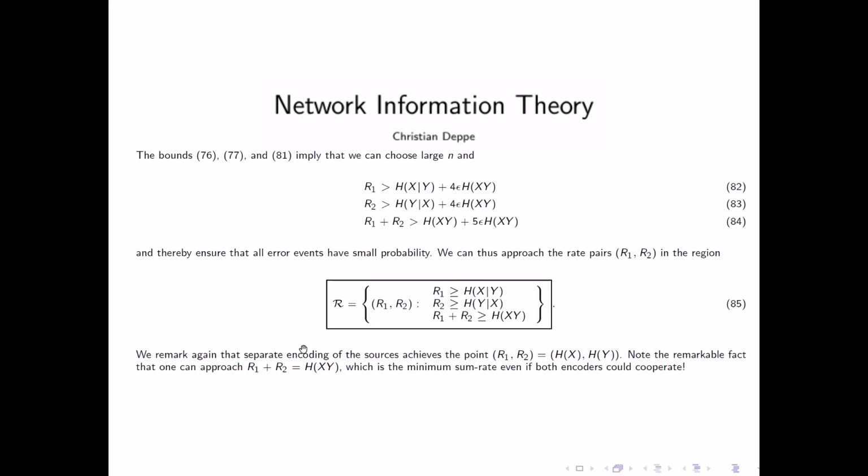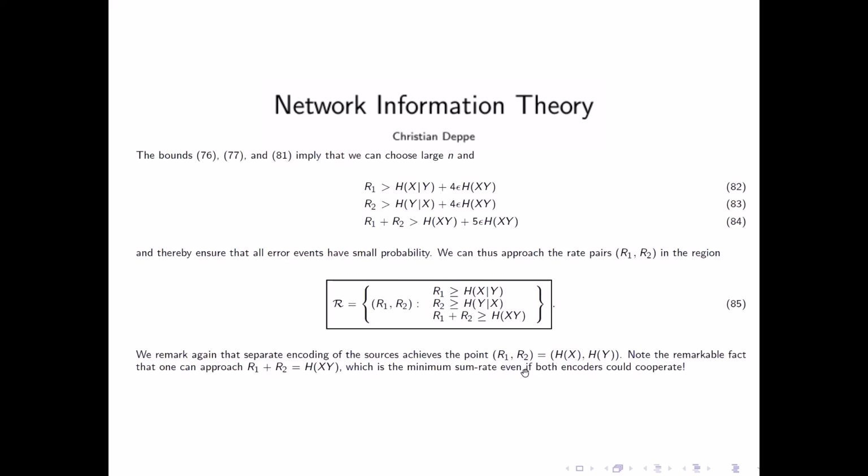So, and we remark again that separate encoding of the source, the point R1, R2 equals HX, HY. So that means first the encoder 1 does the compression, then the encoder 2 does the compression. That would be HX and HY.